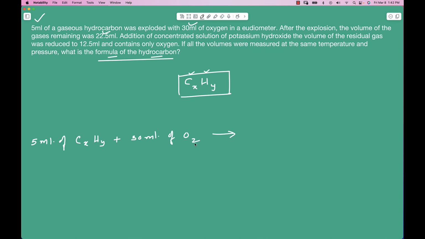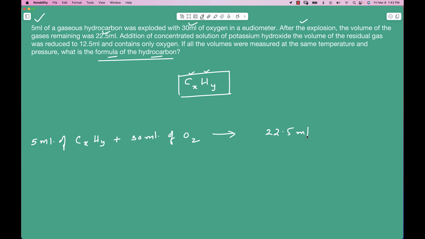It is diatomic. And after the explosion, that is after the reaction got completed and everything again got cooled down to the room temperature, that's what this means, the volume of the gases remaining was measured to be 22.5 ml.